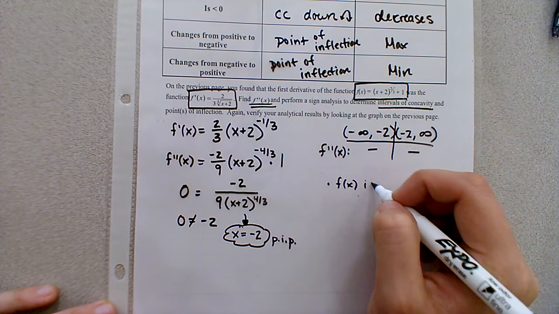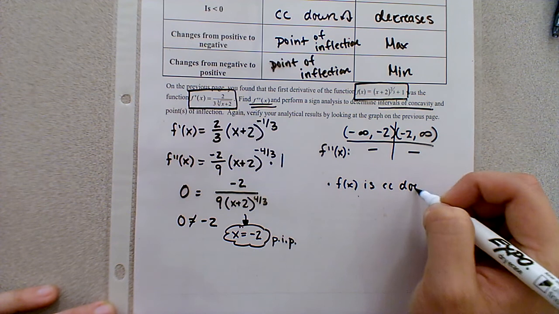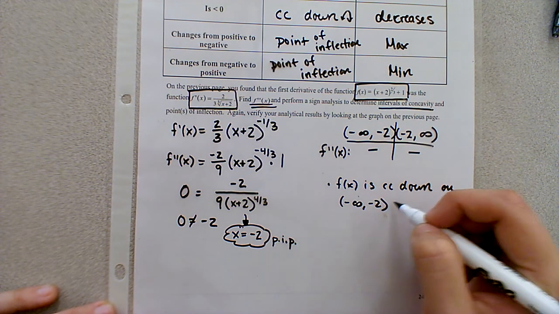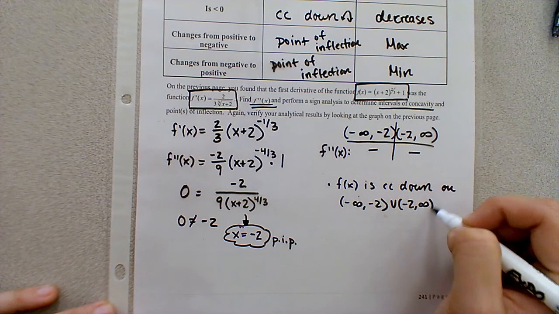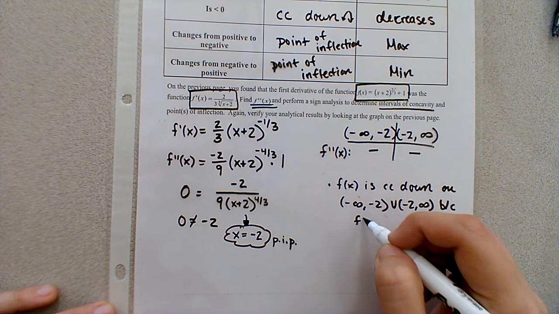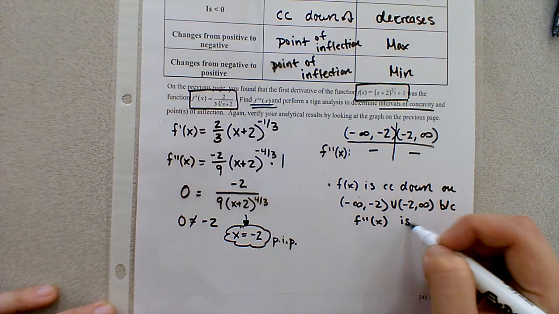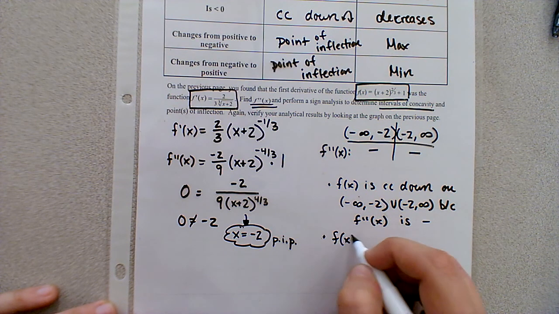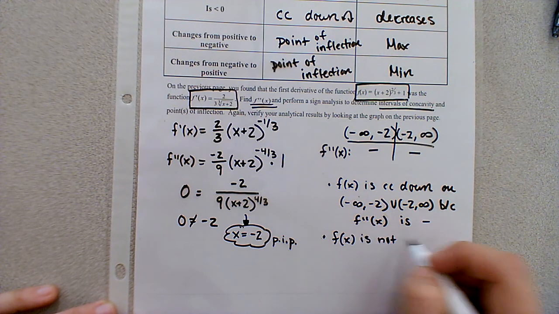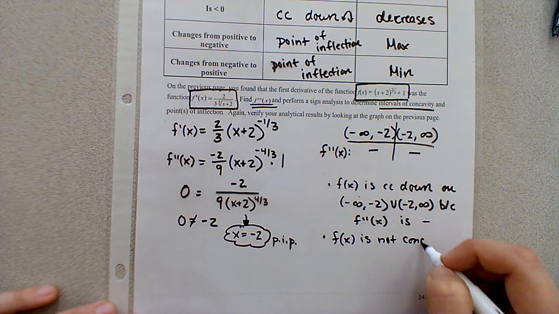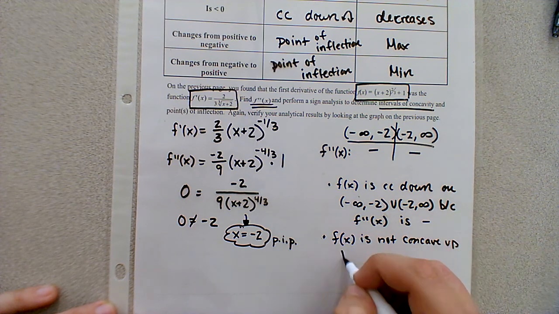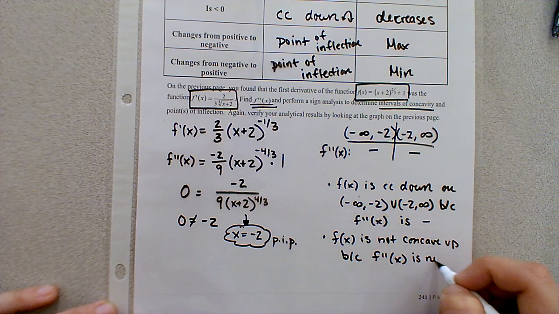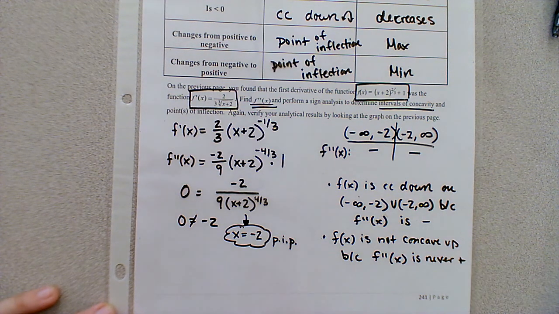So we'll say f of x is concave down on -infinity to -2 and -2 to infinity because the second derivative is negative. We can also say the original function is not concave up because the second derivative is never positive.